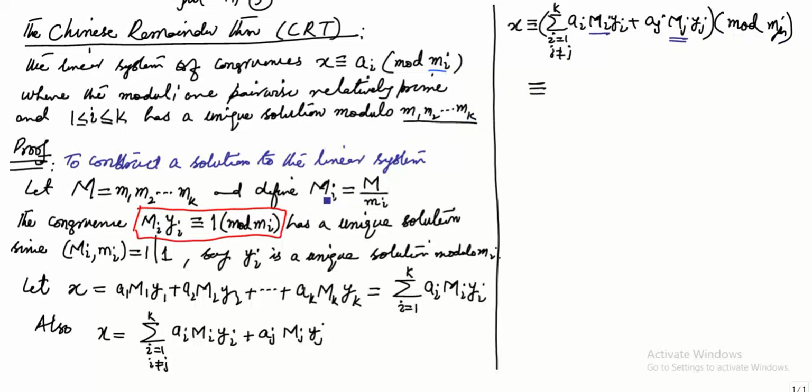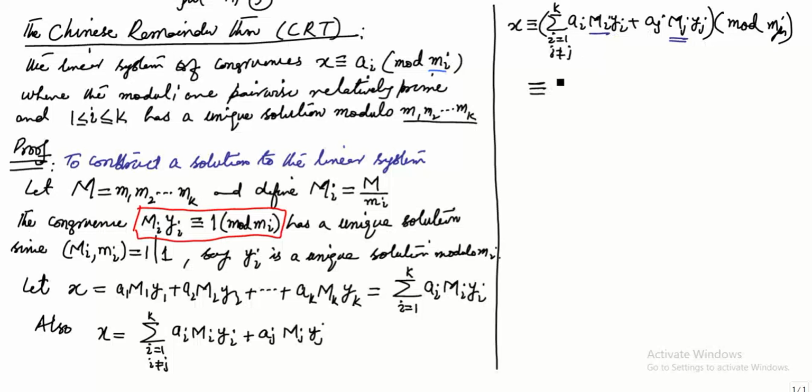So the GCD of capital Mj and small mj is 1 here. See, all the mi when i is not equal to j are relatively prime to mj.